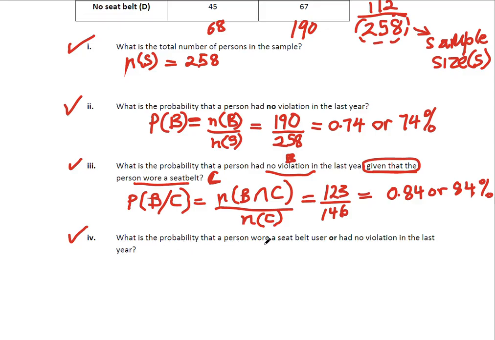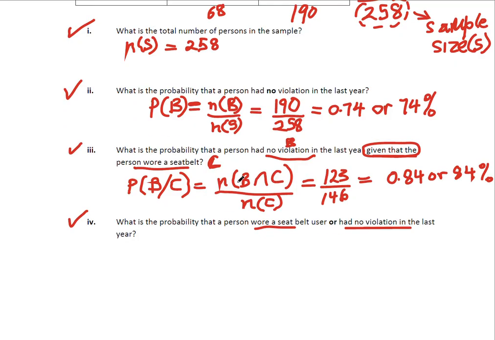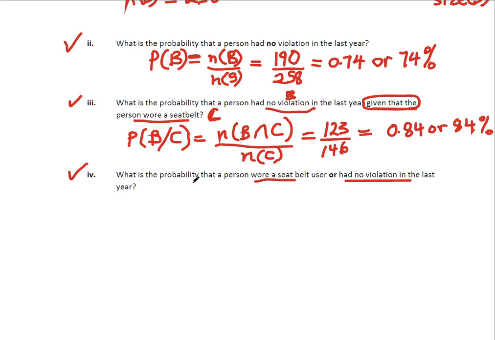What is the probability that a person wore a seatbelt or had no violations in the last year? What is the probability that a person wore a seatbelt or had no speeding violations in the last year? The key word in this probability problem is or.